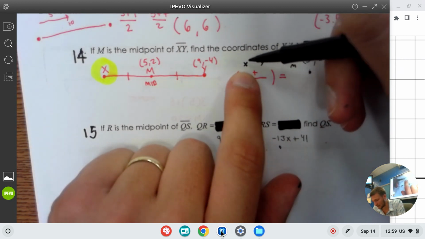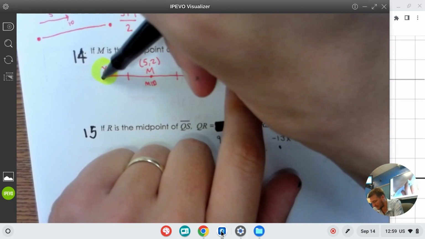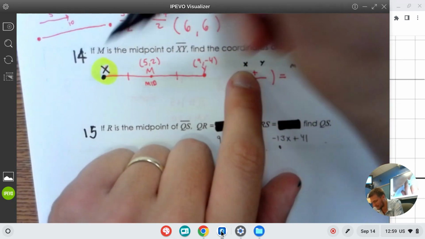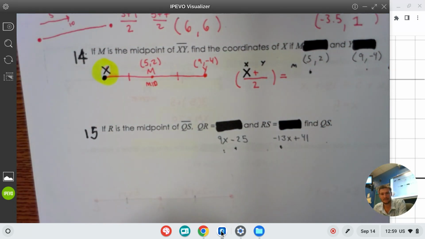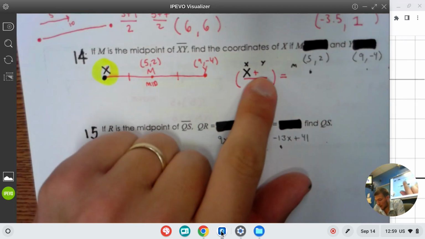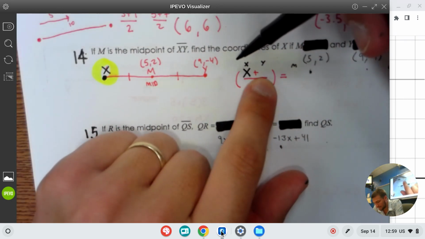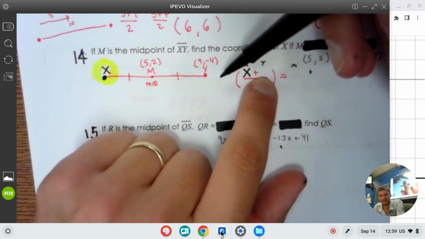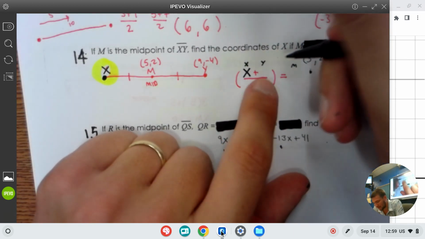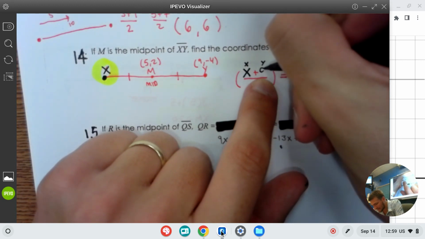So this is talking about point X, which is right here. Do we know anything about this? No, we do not. So we're just going to leave that as an X. I don't know what that needs to be. Y. Do we know the X value of the Y endpoint? We do know that. It is 9.